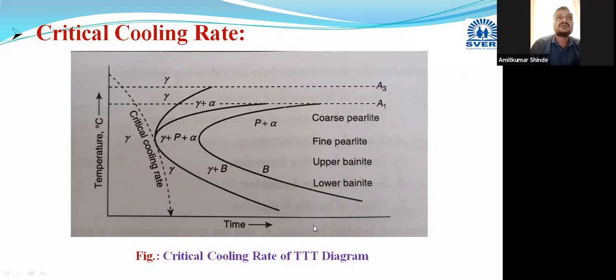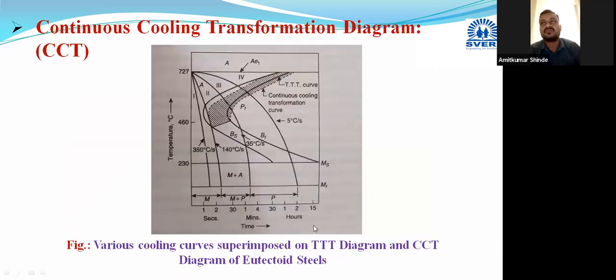After this critical cooling rate, we'll move towards the continuous cooling transformation diagram, or CCT diagram.